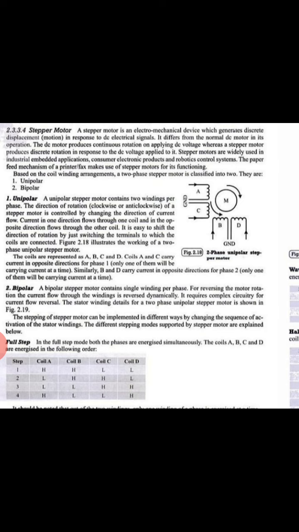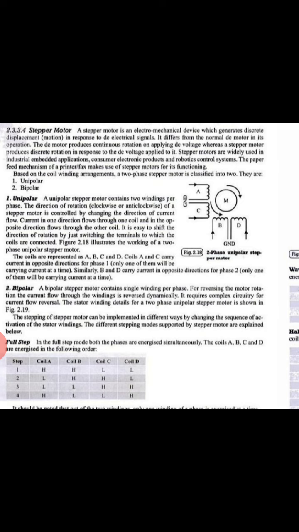The rotation of the stepper motor can be reversed by reversing the order in which the coils are energized. Two-phase unipolar stepper motors are a popular choice for embedded applications.